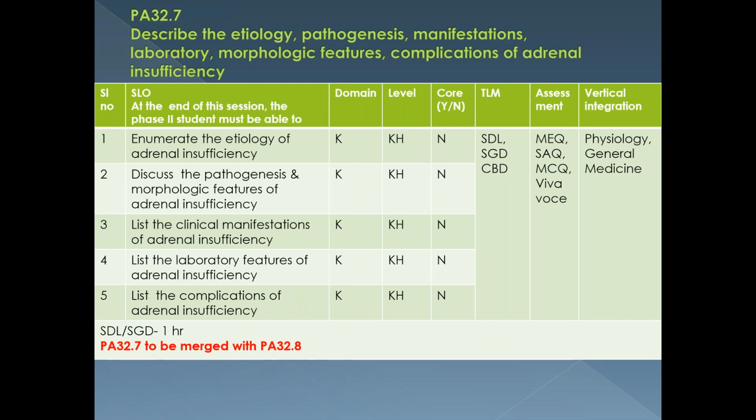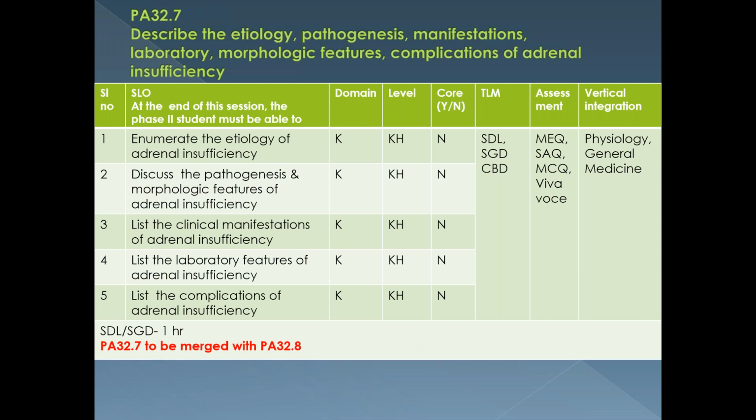This PA 32.7 and PA 32.8 have been merged, as they both deal with the functional aspects of the adrenal gland. PA 32.7 deals with describe the etiology, pathogenesis, manifestations, lab, morphologic features, and complications of adrenal insufficiency.